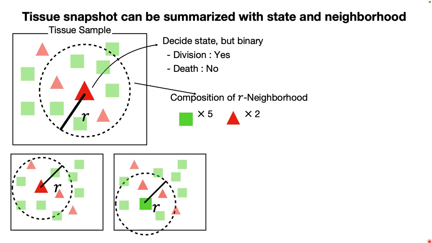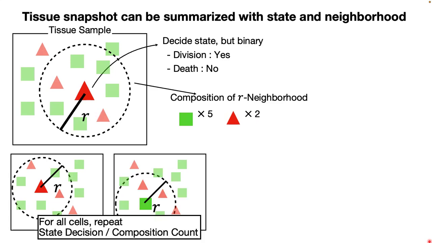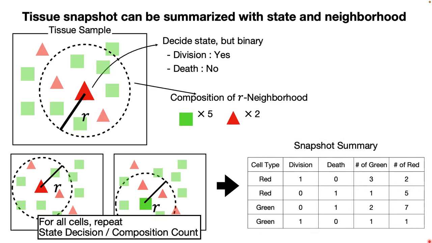This cell and that cell, repeat and repeat. You end up with this kind of summary of the snapshot. For each cell, you determine the cell type and whether they are on division or on death, and you count the number of the other cells in the neighborhood.